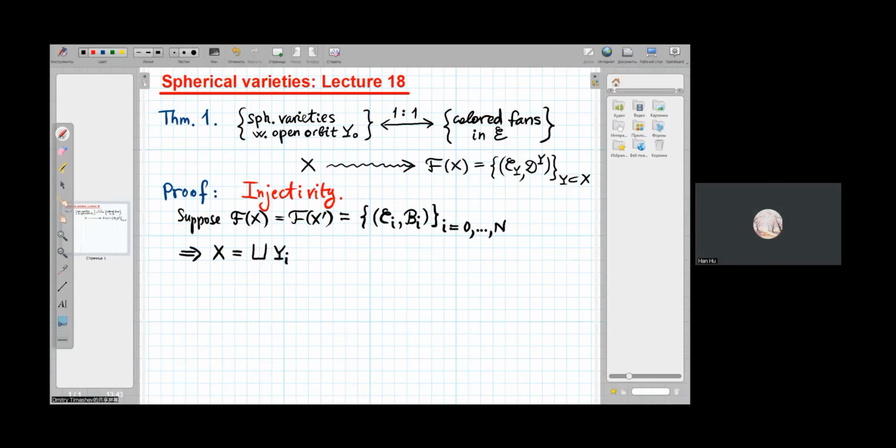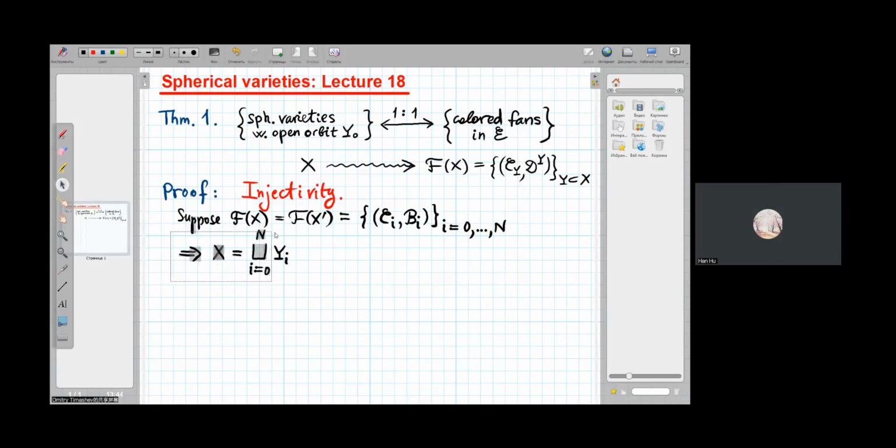So the orbits Y sub I are also enumerated from 0 to N. And so these are G orbits.